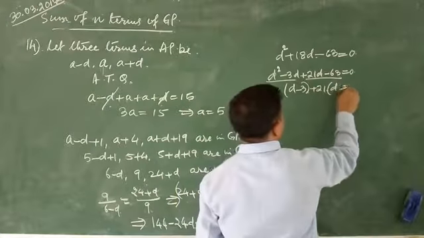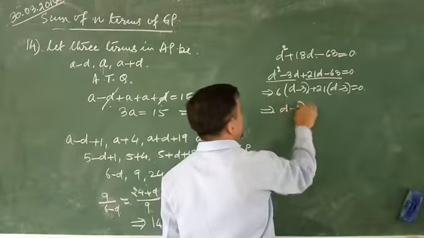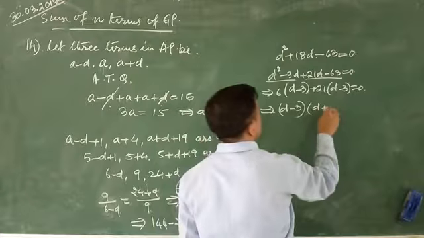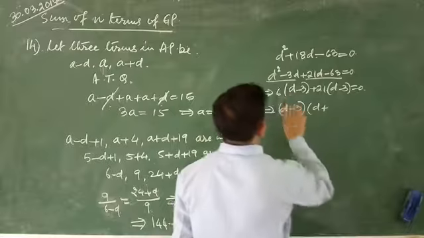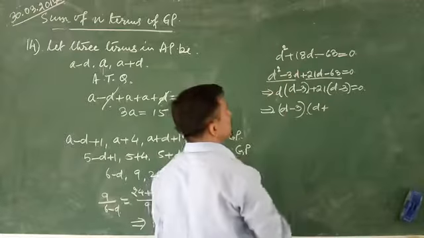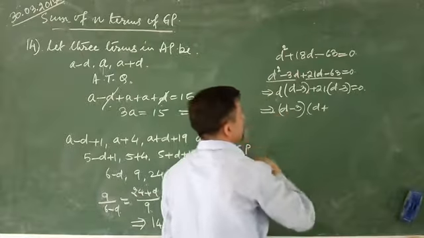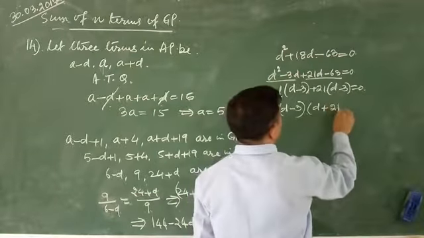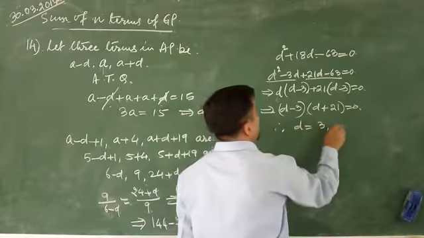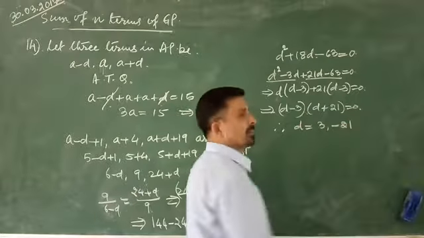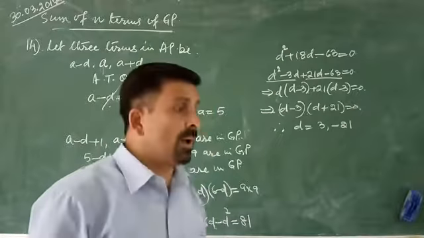Sorry, this is d, because d is common in these two. By mistake I wrote 6. So d minus 3 is equal to 0 and d plus 21 is equal to 0, and therefore your d is equal to 3 and minus 21. Is it okay? Yes.